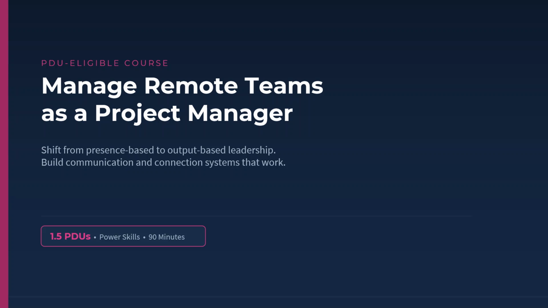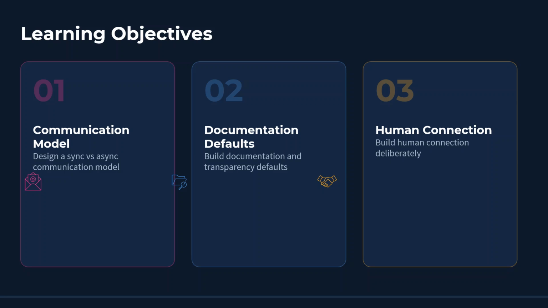Let us begin. By the end of this session, you will be able to do 3 things. First, you will be able to design a communication operating model that deliberately separates synchronous work from asynchronous work, freeing your team's deep work time.